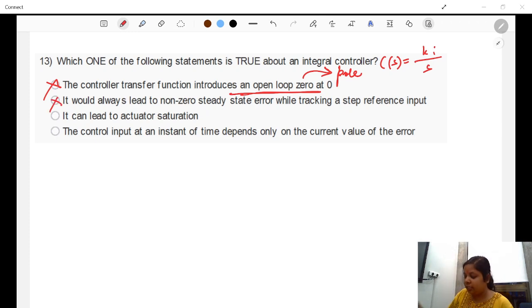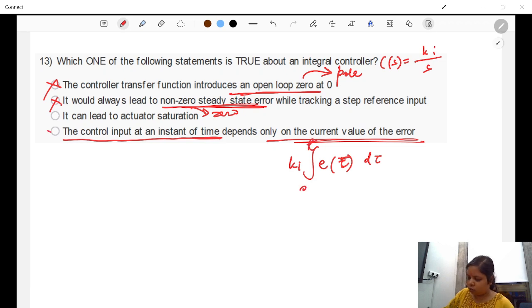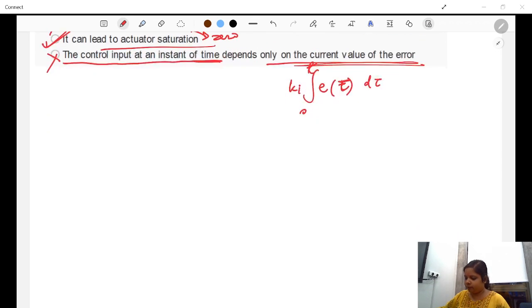No, this is also wrong because it leads to zero steady state error. The control input at any instant of time depends only on the current value of the error. No, it depends on the integral of the error. So this is also wrong. It can lead to actuator saturation. Yes, we had read this. This is correct.